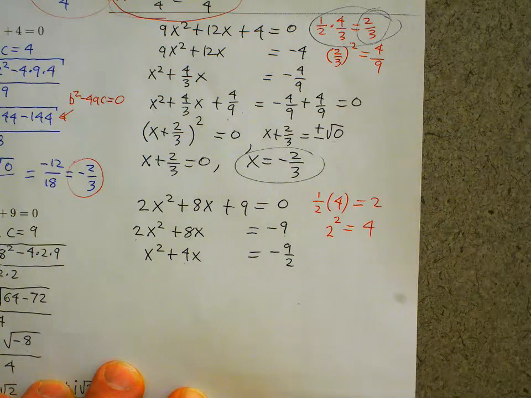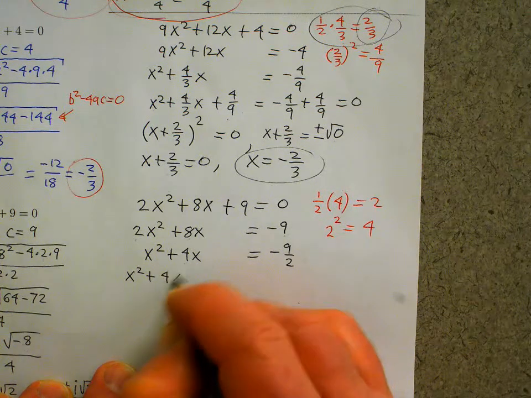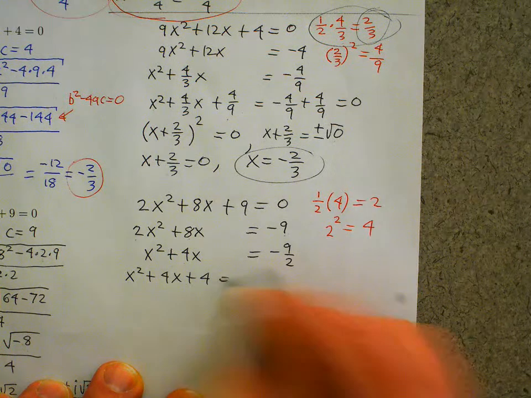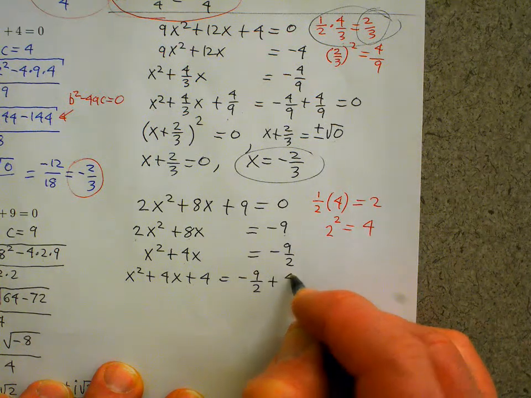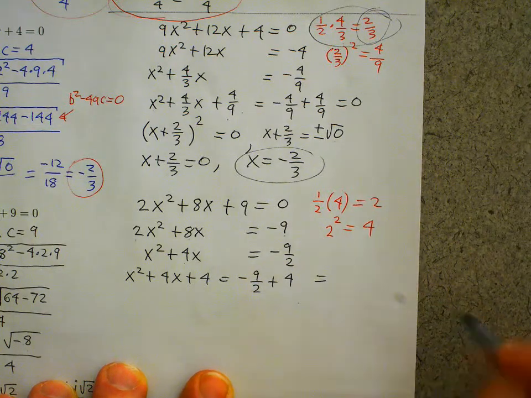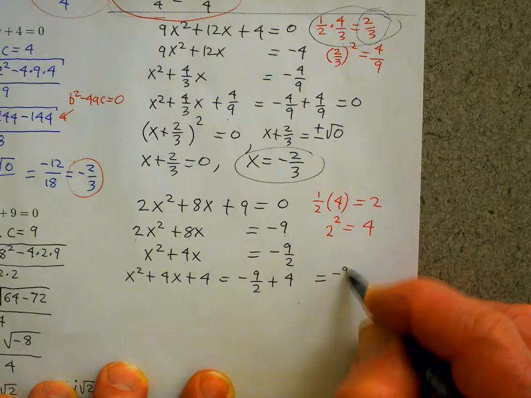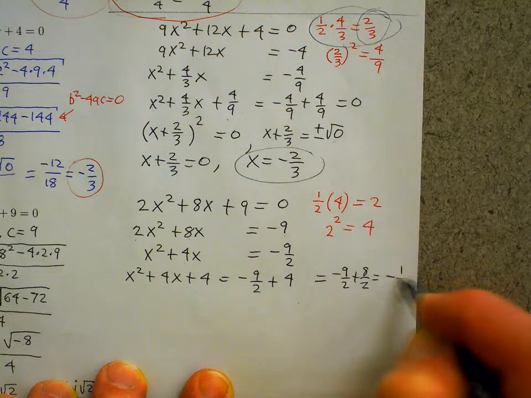So we're going to add 4 to both sides. x squared plus 4x plus 4 equals negative 9/2 plus 4. Negative 9/2 plus 4 is negative 9/2 plus 8/2, which is negative 1/2.